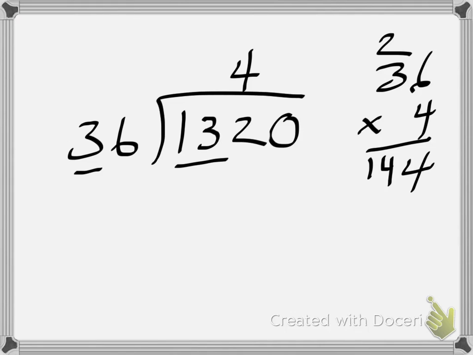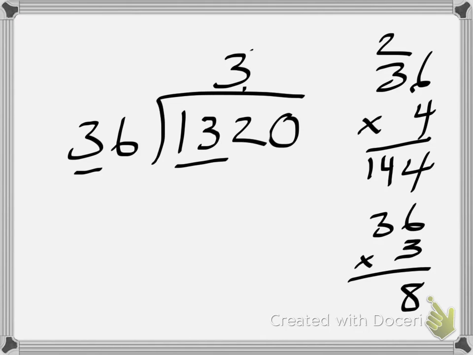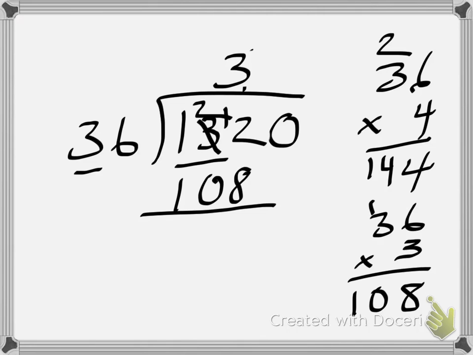So then we can go ahead and try 36 times 3. So 3 times 6 is 18, carry a 1. 3 times 3 is 9, plus 1 is 10. So we get 108. So we're going to subtract here and get a 4 and a 2 and a 0.